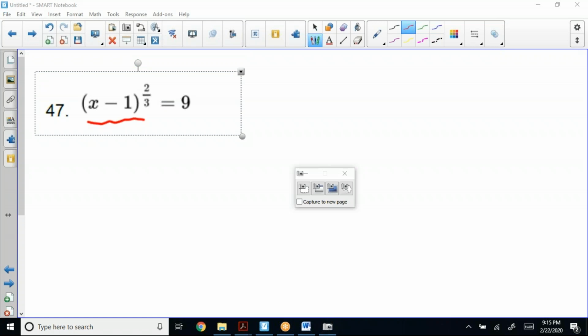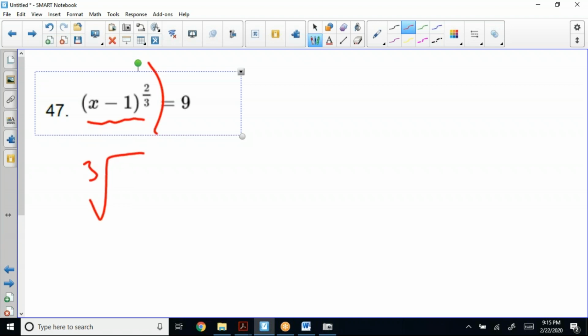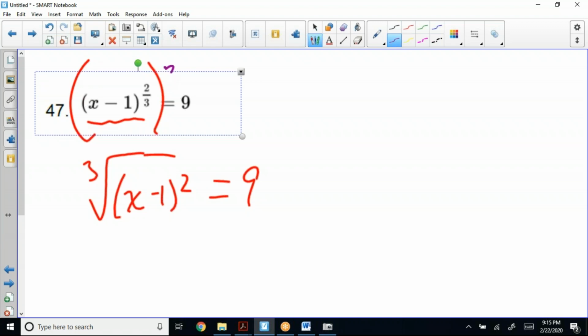So how do I get rid of that? If you remember, this is really the cube root of x minus 1 squared, right? Equal to 9. But it's like, what do we do, right? So it's easier just to do this, kind of raise it. If it's 2/3, I can raise it to the 3/2 power, right?